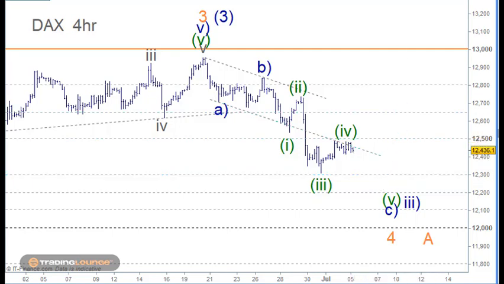Also, I always like to look at where I would be wrong. So if we were looking at it in terms of positive structure to the upside, I don't see why that should be the case. But wave 3, all of this that's happening in here is wave 4 here, and then wave 5 up here.